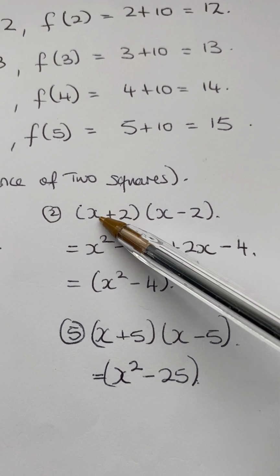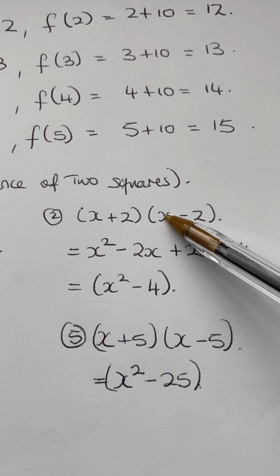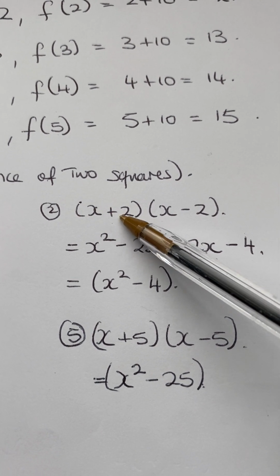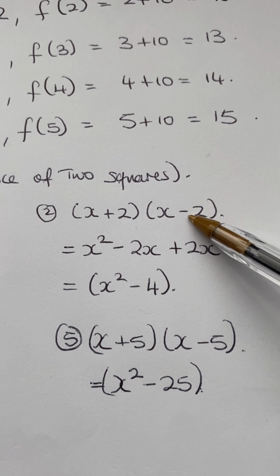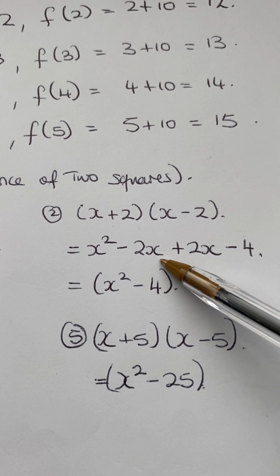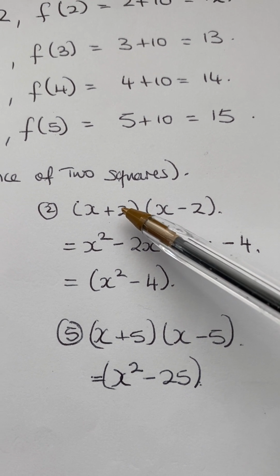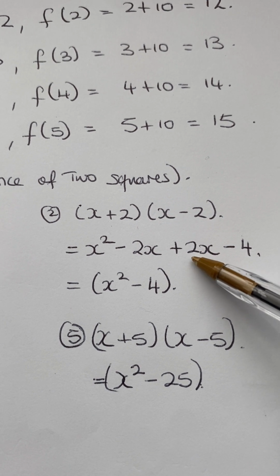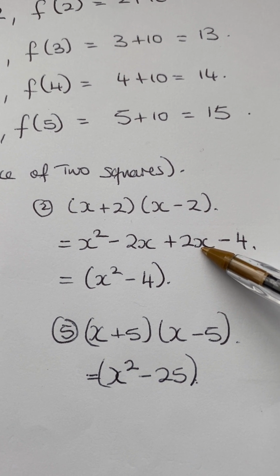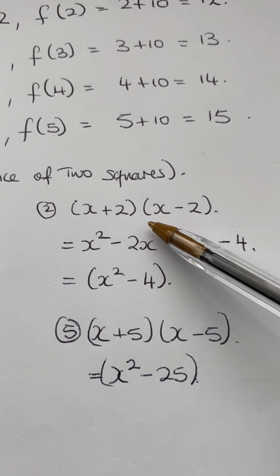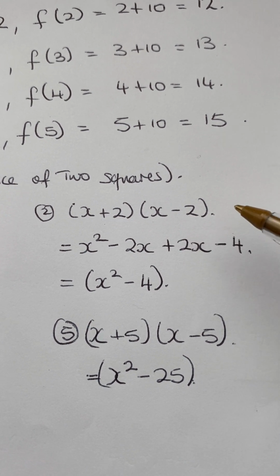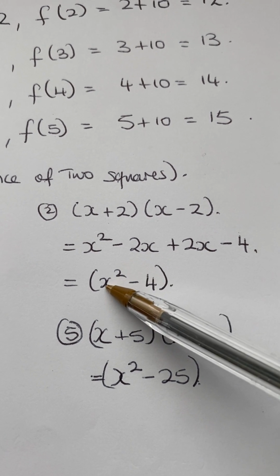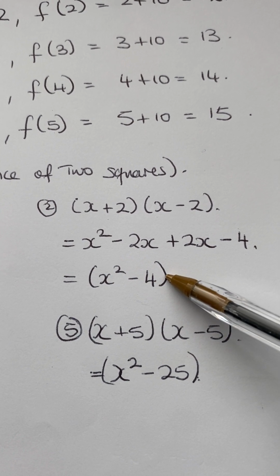So x times x is x squared. x times minus 2 is minus 2x. Plus 2 times x is plus 2x. Plus 2 times minus 2 is minus 4. So x squared minus 4.